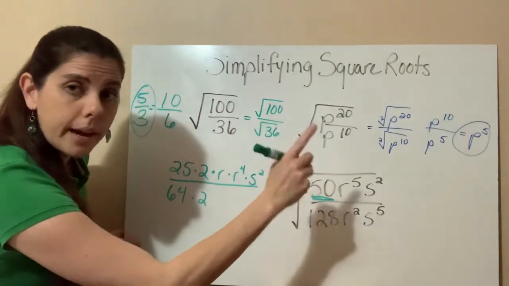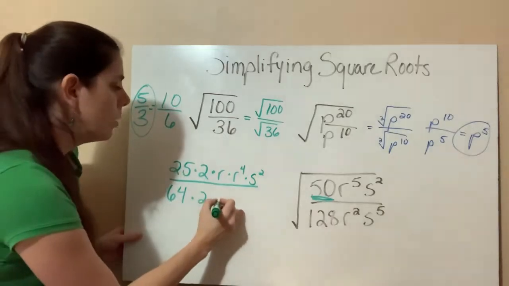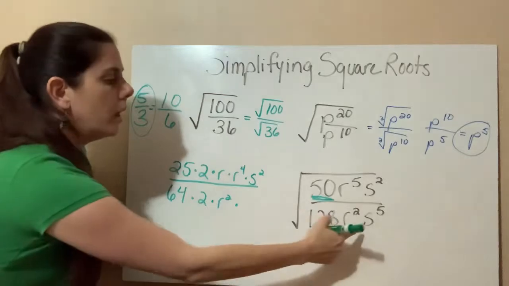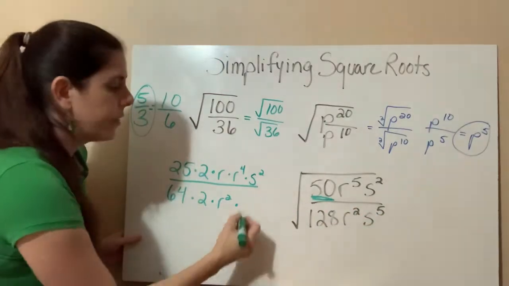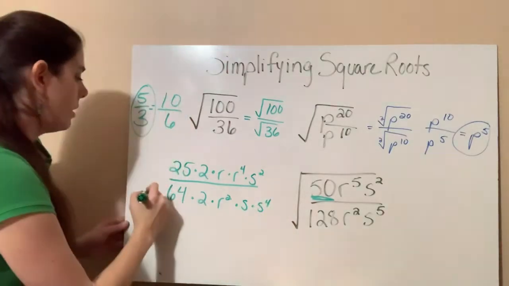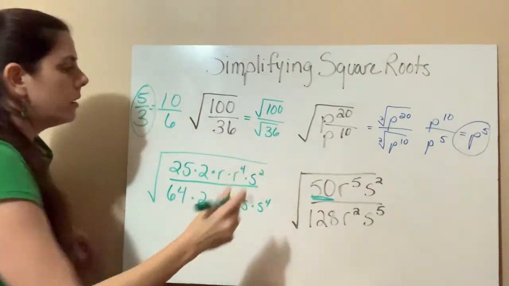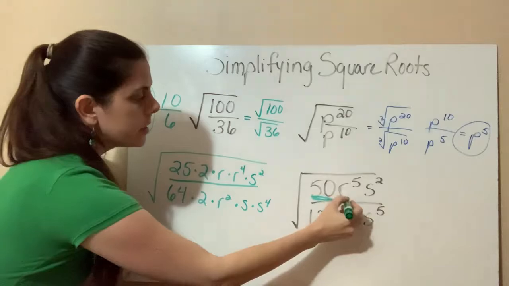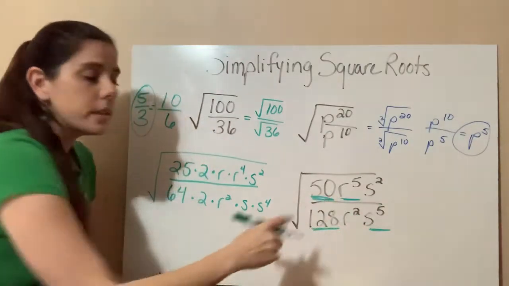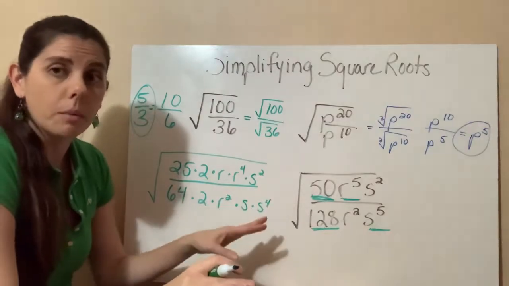Because that's an even exponent, we're just going to leave it as is because we can take the perfect square root of it. And then we have s to the 5th, so we can split that up as s times s to the 4th. So all we did was pull apart the pieces that we needed to pull apart, and the two pieces that were fine as is, we left as is.